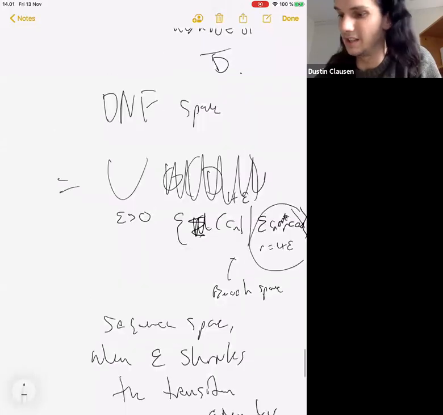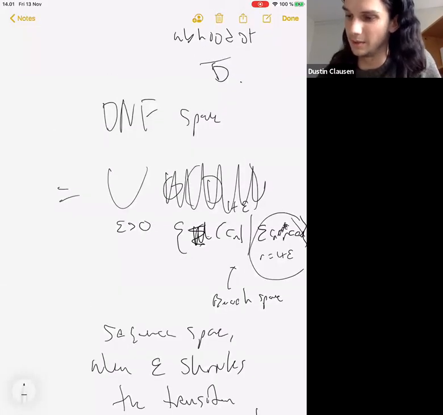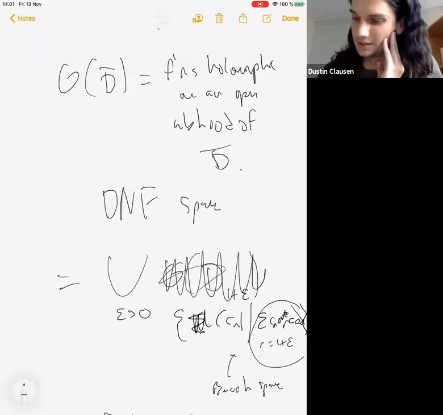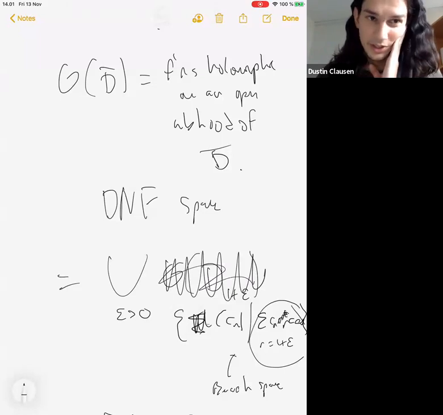You might wonder whether this is a priori the correct description of the topology on the ring of holomorphic functions.